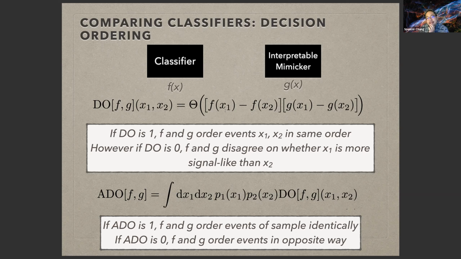Another way to think about this is that if G was related by a monotonic function to F, it would still agree on the ordering of events, right? And so those should still be considered the same decision functions, even though they give different values.